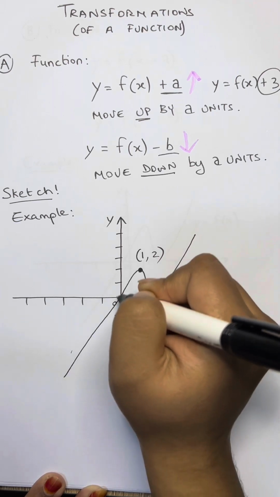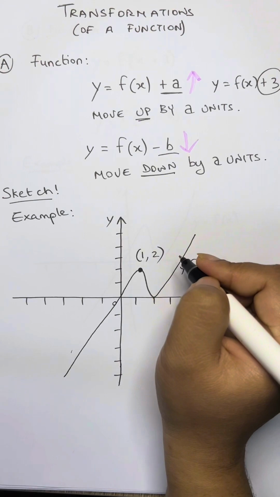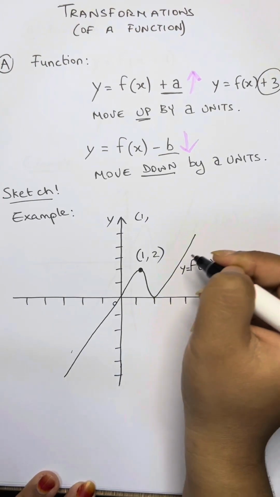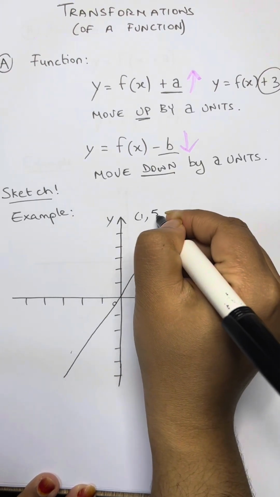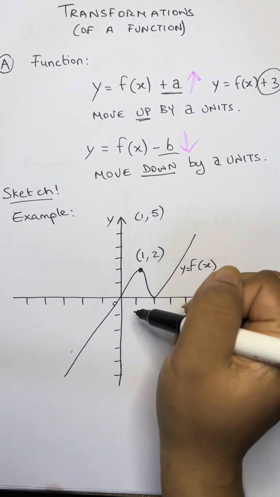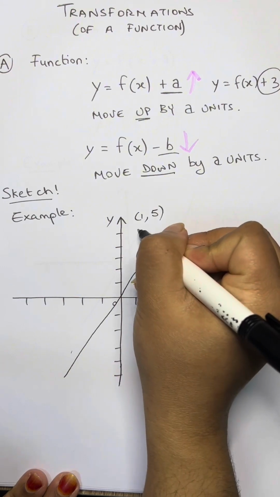Because I need to move up in the y direction, my x value is going to stay the same, and the y is going to move up by 3. So that's going to be 5, because 2 plus 3 is 5. Do you see? The new coordinate is going to be 1 and 5.